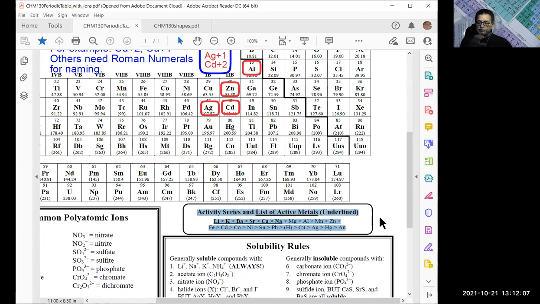In essence, what the activity series is telling you is straightforward. If we look at lithium, for example, lithium is more reactive than potassium, which is more reactive than barium, which is more reactive than strontium, and so on down the road. The least reactive metal is the very last one, which is gold.